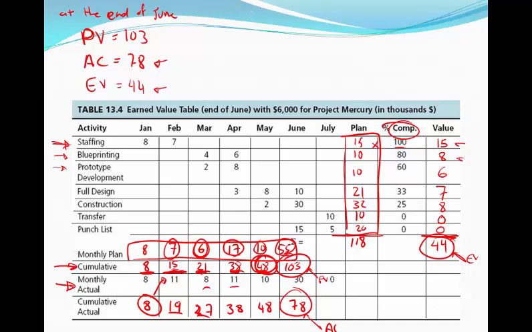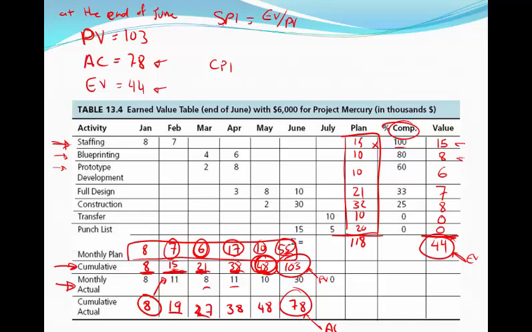In order for you to figure out your estimated time to completion and estimated cost to completion, we still need to work out our Schedule Performance Index, SPI, and our Cost Performance Index, or CPI. So SPI, the formula to figure out your SPI value is your earned value number divided by your planned value.